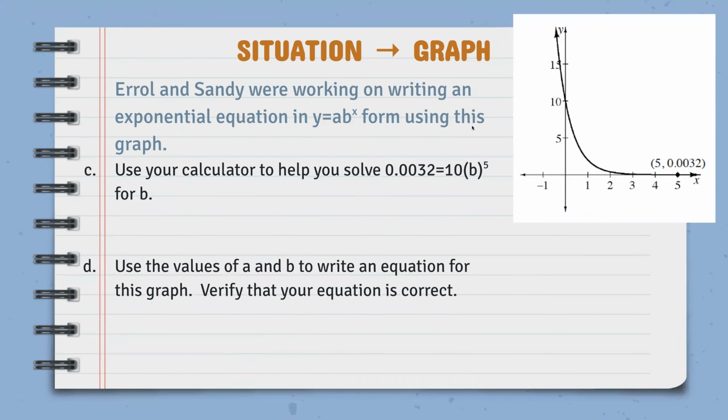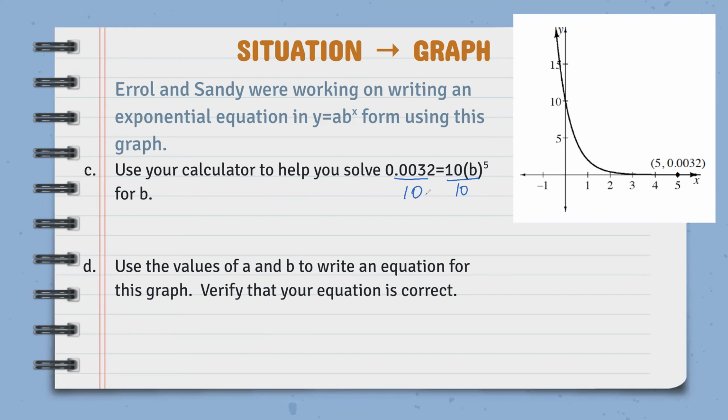So part C, use your calculator to help you solve 0.0032 is equal to 10 times b to the 5th power for b. Let's start to get b by itself. If we have this equation and we want to get b by itself, we need to divide both sides by 10.